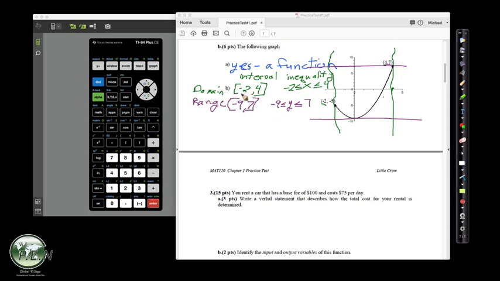Notice interval notation, just from looking at the notation itself, if it's not labeled, you can't tell which one's domain, which one's range, so you've got to be sure to label it. So that's that question. Just draw the box around it. The left and right boundaries form the domain. The range is formed by the bottom to the top boundary lines.